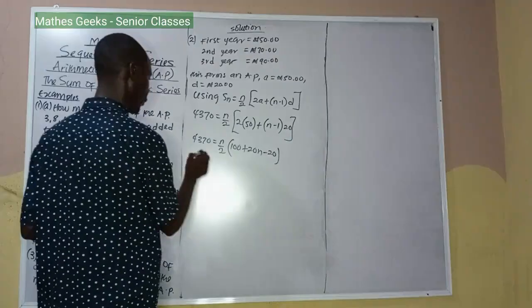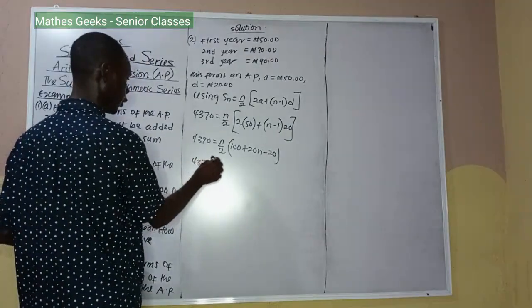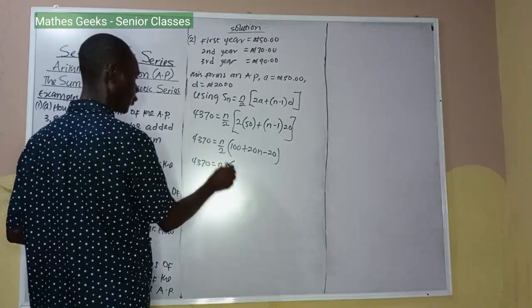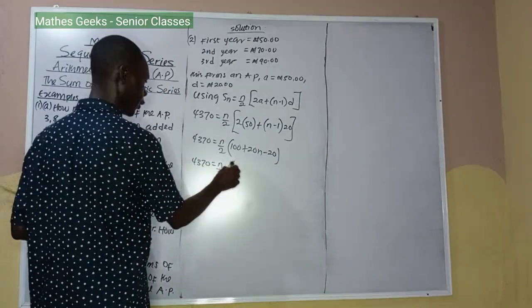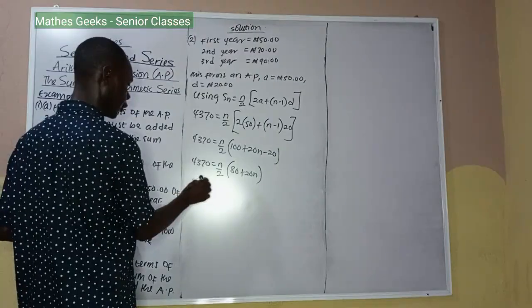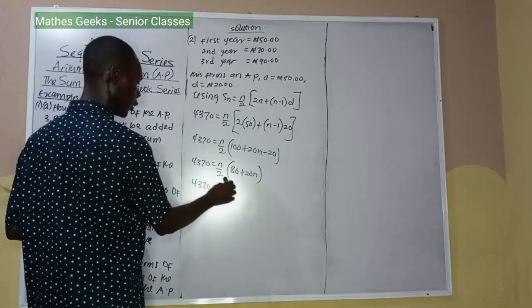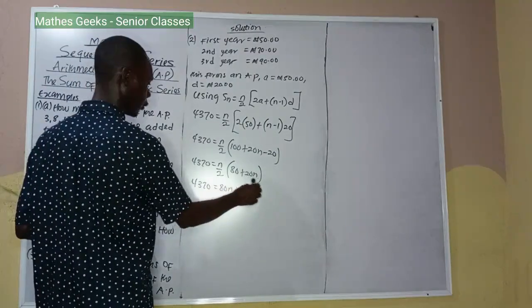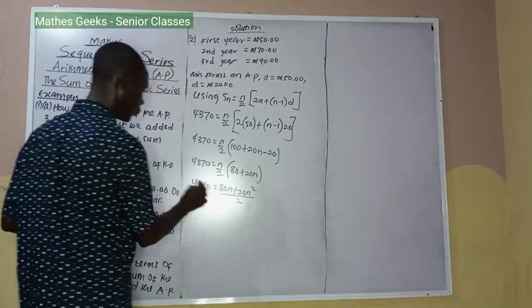So 4,370 is equal to n over 2, 100 minus 20 will give us 80 plus 20n. So 4,370 is equal to 80n plus 20n squared, divided by 2.